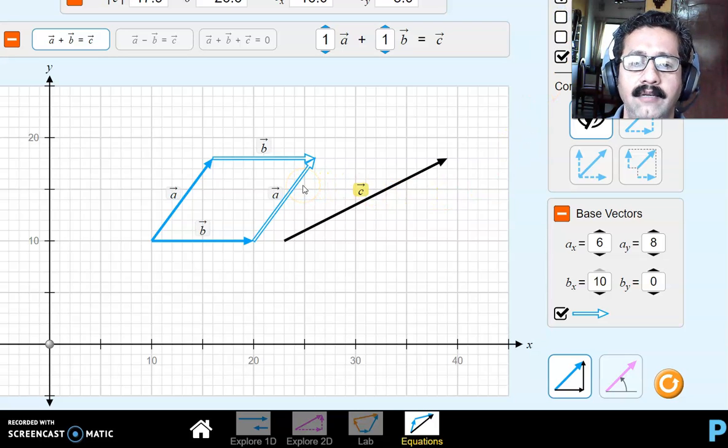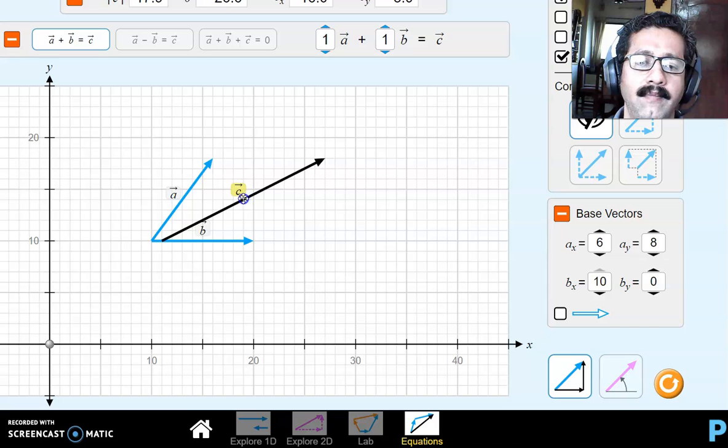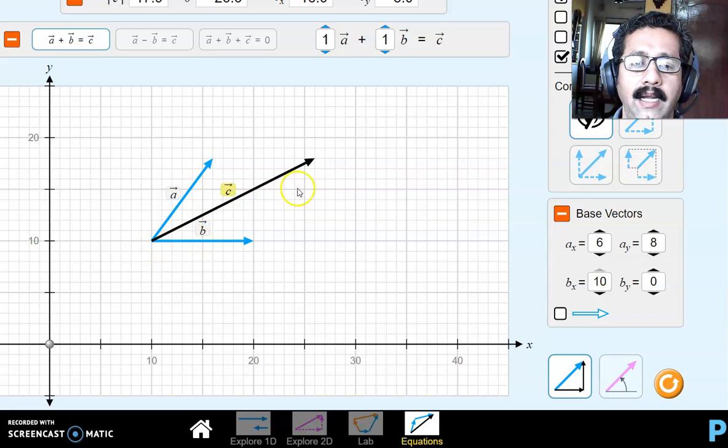Now what I further find is that the parallelogram law is somewhat similar to the triangle law of vector addition. How can I exactly understand that? I know that C is the addition of A and B, or the resultant of A and B, obtained by using the parallelogram law.